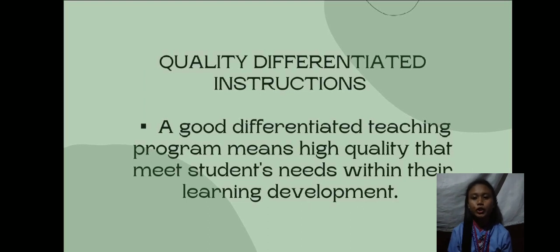So quality differentiated instructions: a good differentiated teaching program means high quality that meets students' needs within their learning development. So we can say that a differentiated teaching program is good if it is high quality, or if it meets all the students' needs in consideration of their learning development.